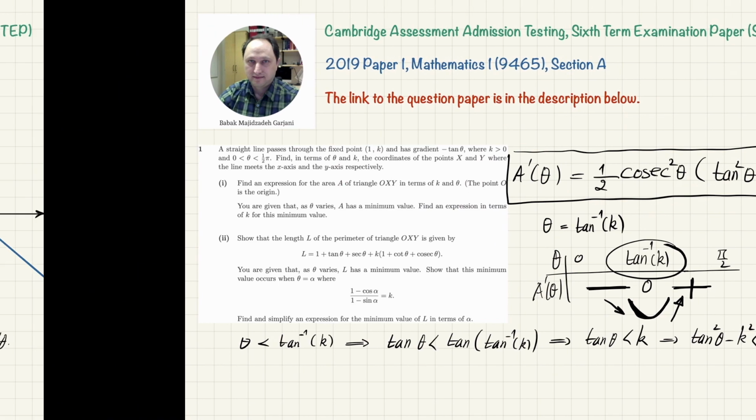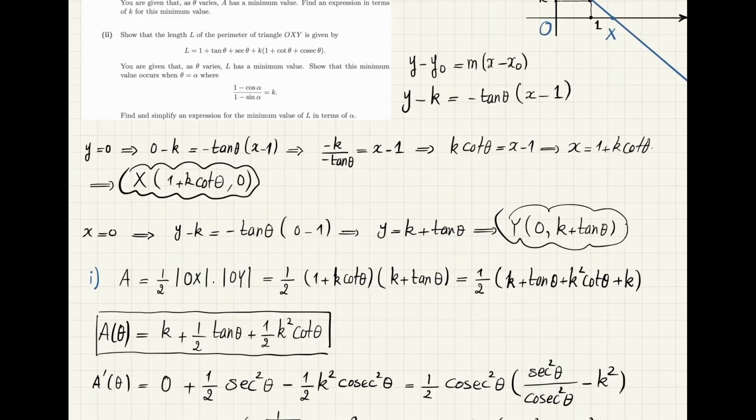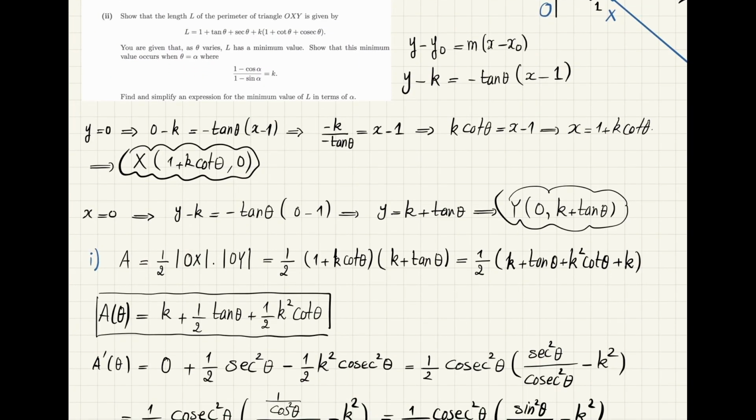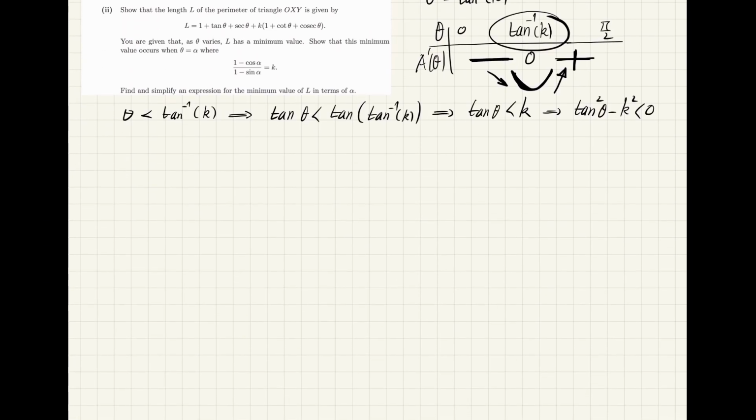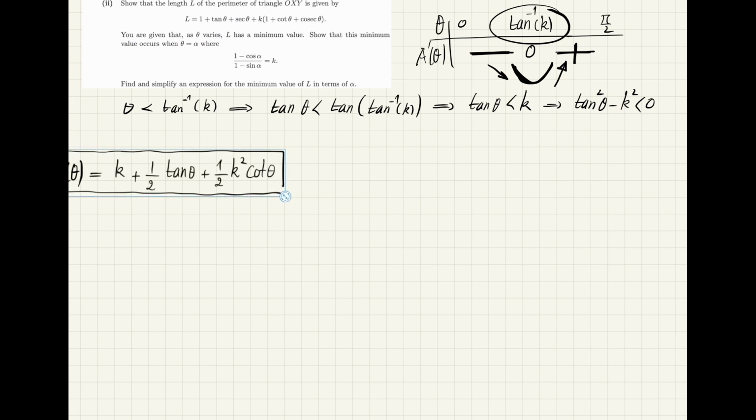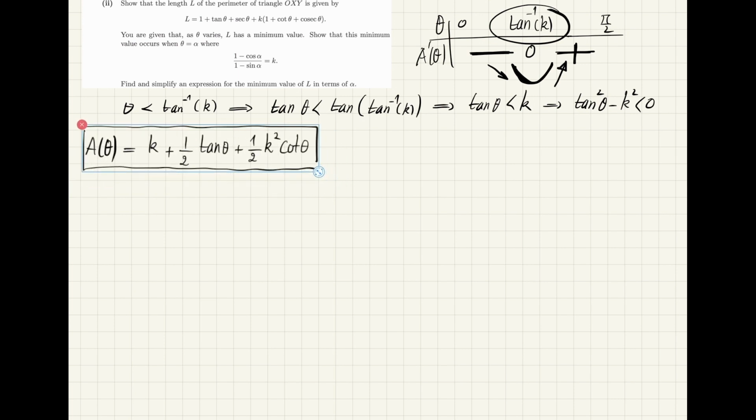So let me go to the previous page, and copy this function a theta here. Next page now, and then we paste it here. Okay. Now I am supposed to plug this value, tangent of theta equals k, and what I get is a minimum.